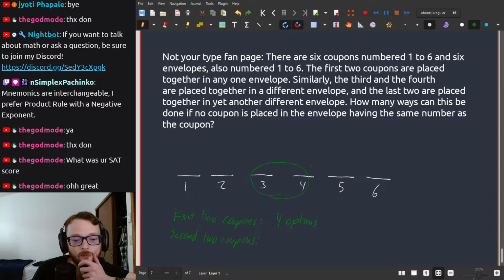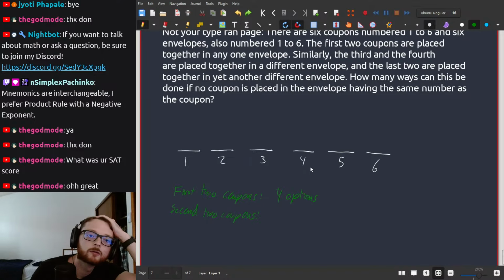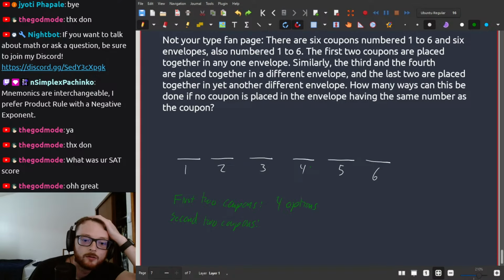Now we get cases here. Because if the first two are occupying 5 or 6, that's going to affect the options the second two coupons have.